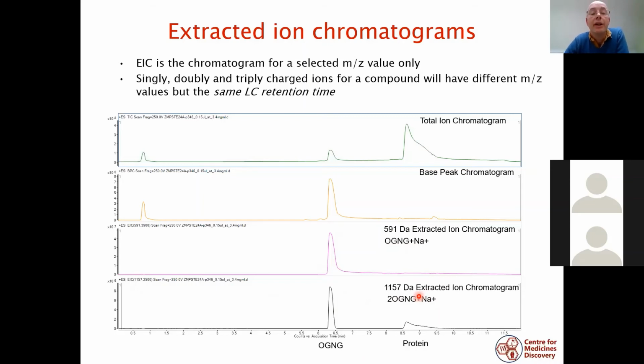So you can use extracted ion chromatograms to help you identify a compound of interest, because your singly charged ion, your doubly charged ion, and your triply charged ion will have different m/z values, but they are chemically the same thing, which means that they will behave exactly the same way on LC. So in your chromatogram, they will elute at the same time. This is a way of helping you identify that this is actually the species you're interested in.